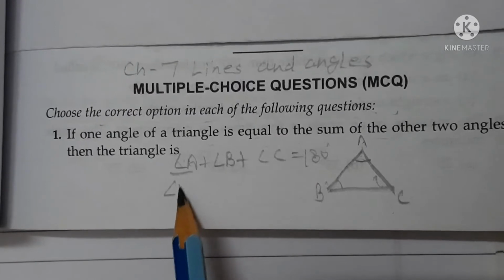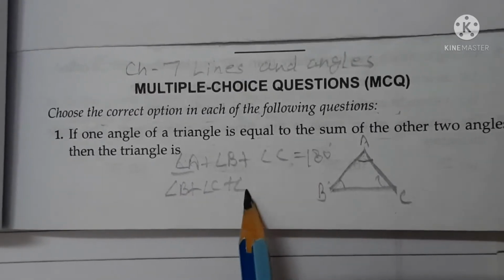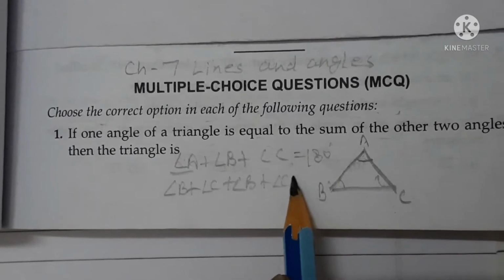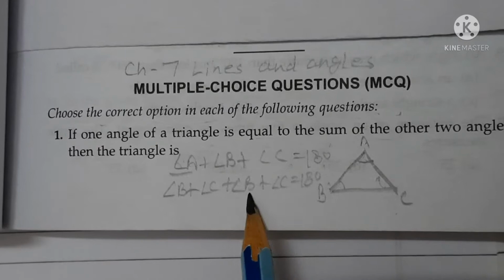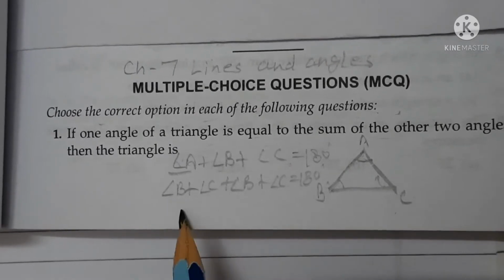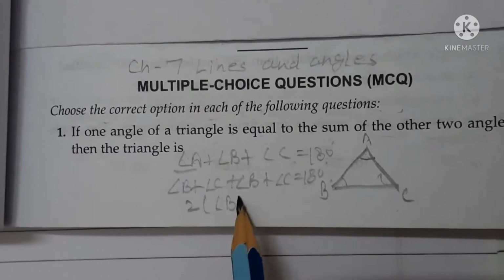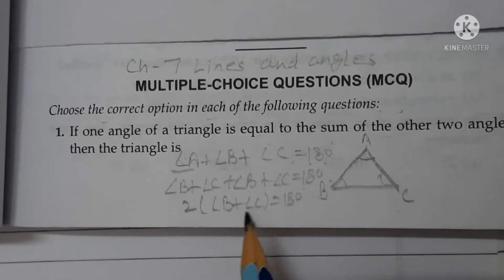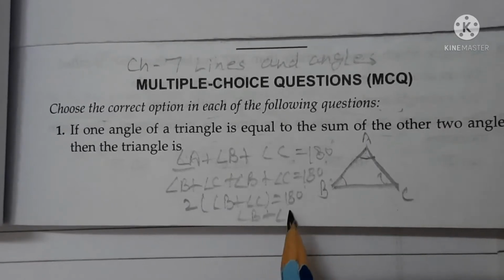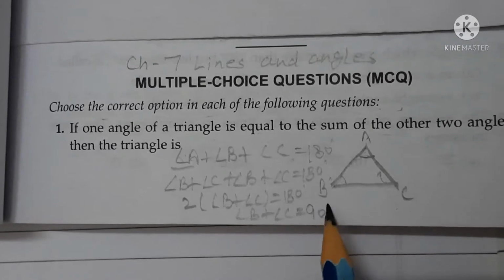So write angle B plus C plus angle B plus angle C is equal to 180 degrees. Here 2 times angle B and 2 times angle C, so you can write 2 times angle B plus angle C is equal to 180 degrees, or angle B plus C is equal to 180 divided by 2, so you will get 90 degrees.